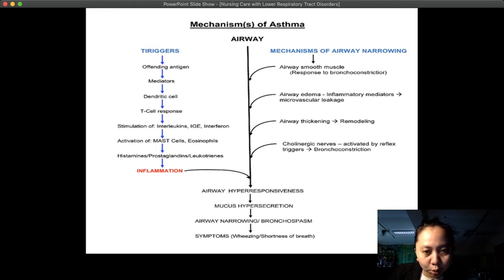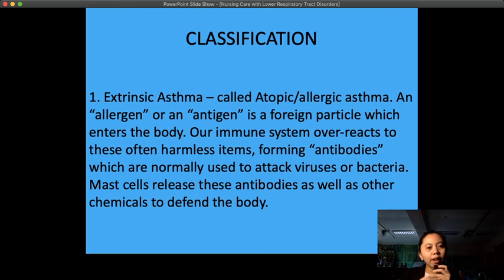Okay. So then, pag nag-bronchoconstriction na, meron na tayong airway hyperresponsiveness, mucus hypersecretion, airway narrowing, and bronchospasm, and then symptoms, wheezing, and then shortness of breath. Okay? So we have classification of asthma.